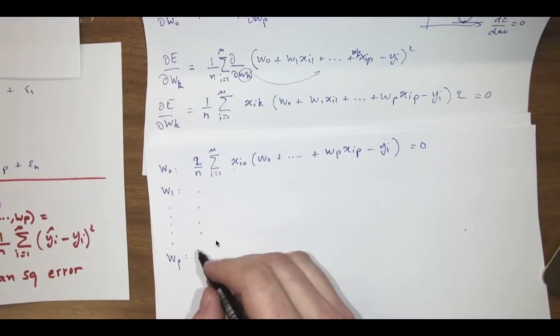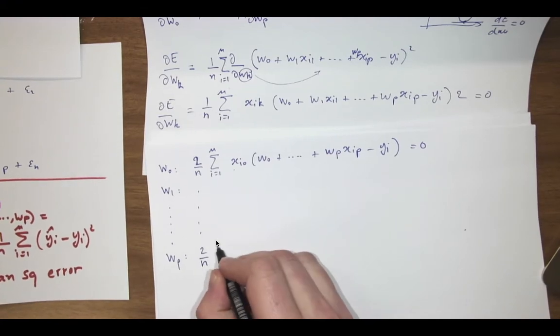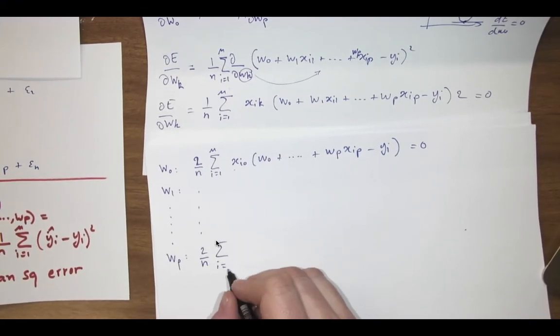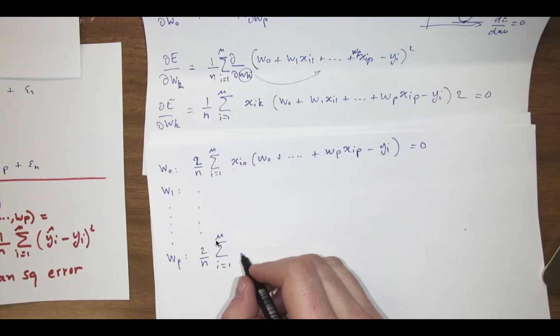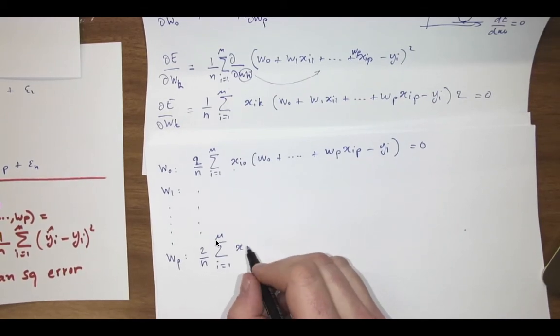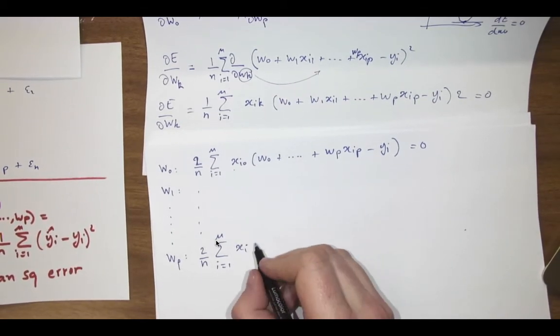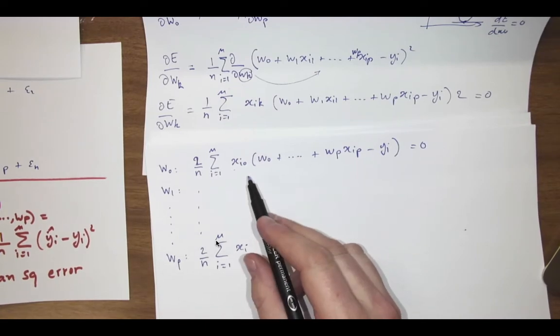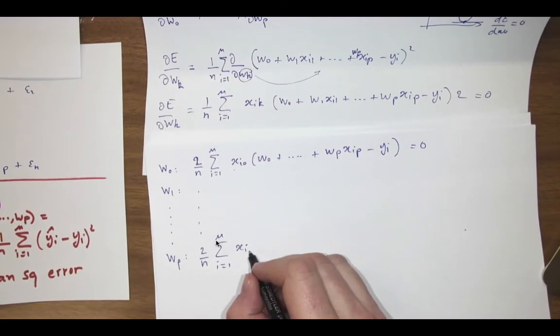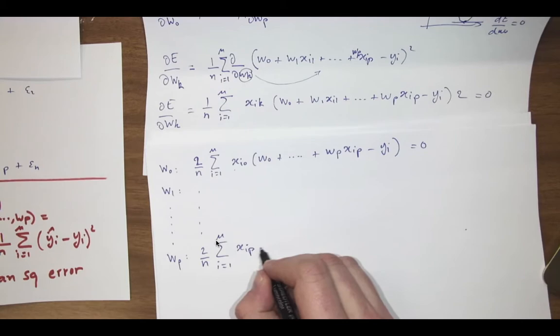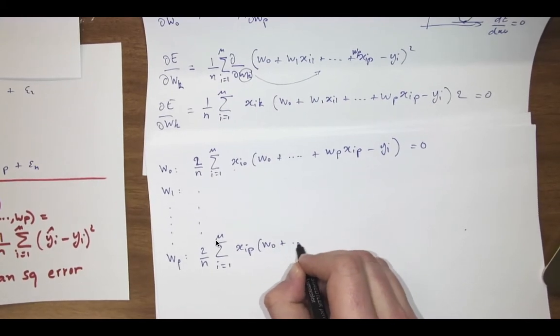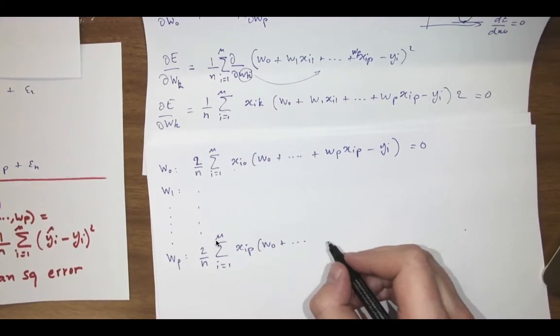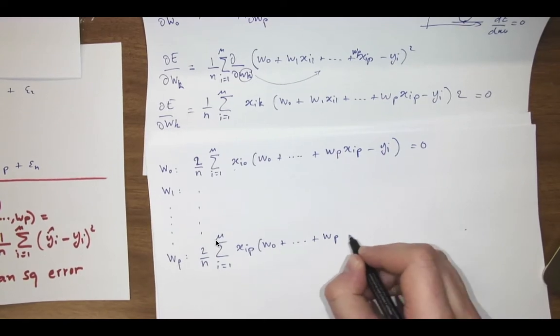And then you go down and you have something similar, 2 over n, sum i equals 1 to n, and here you have w0 plus ... wp.